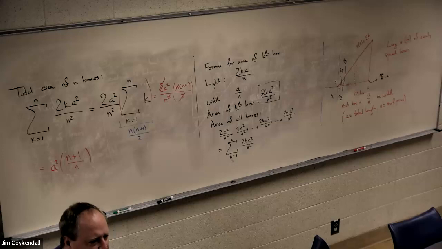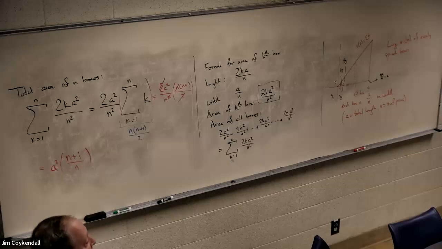Our approximation seems to be better and better as n gets bigger and bigger, right? So what do you think we should do to make it exactly right? Doug? So what do we do to make it exactly right?